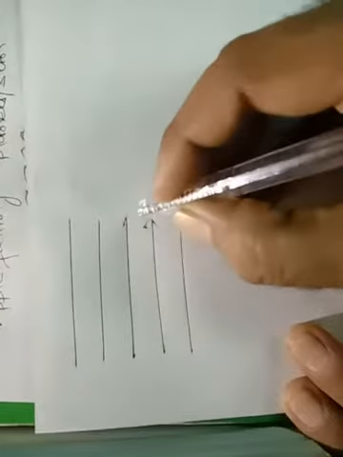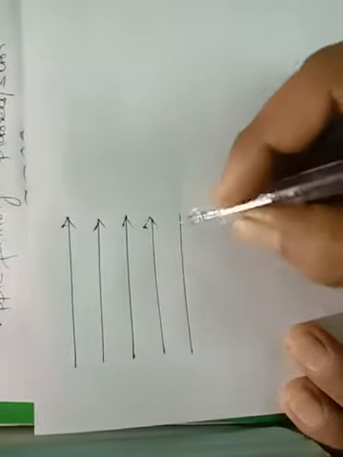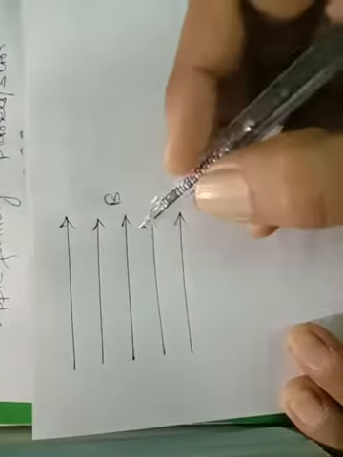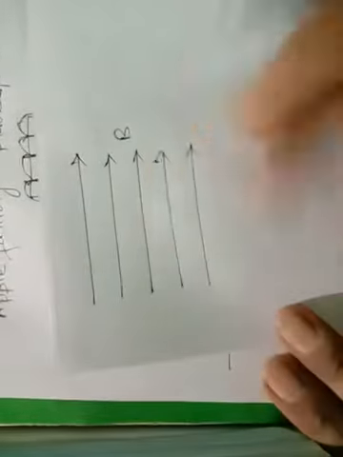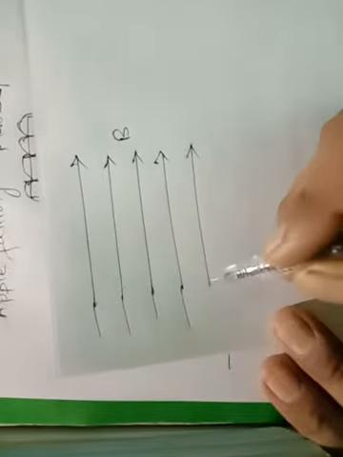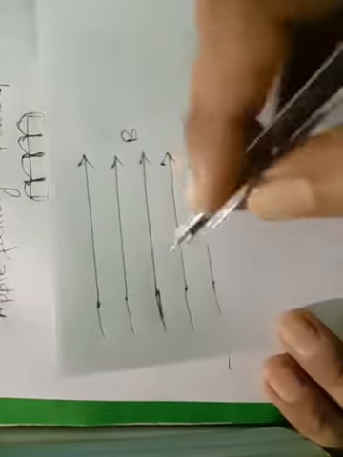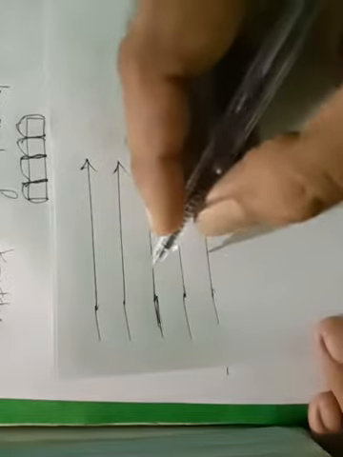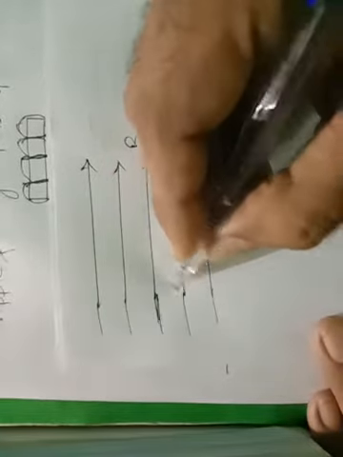So this is the uniform magnetic field, and in this magnetic field we are considering a magnetic needle. Here we have to find out the potential energy of the dipole.